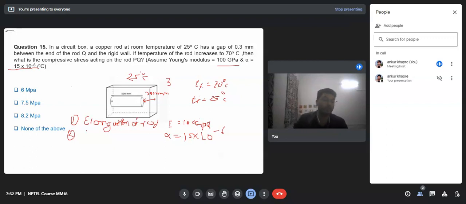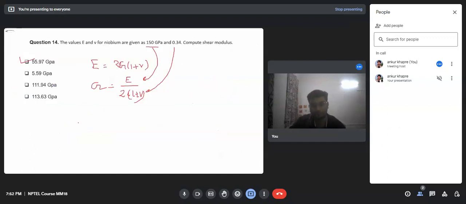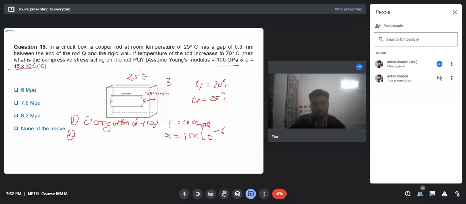Okay, so here the gap is 0.3 mm. So after the elongation of the rod, we have to find out the compressive strain.